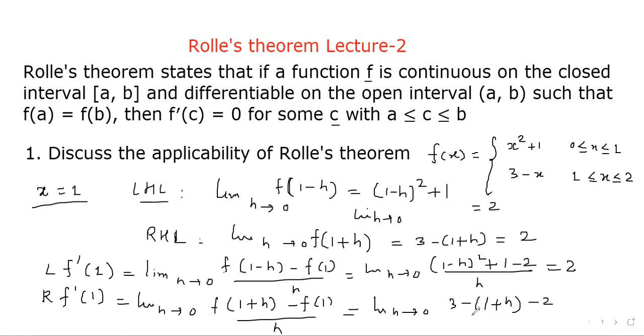So here, we are taking this one for the right hand limit, so we put x equal to 1. So this will become 2. So this time we will get minus 1.